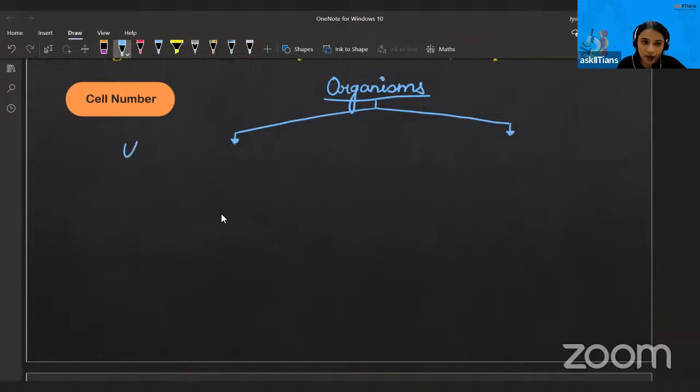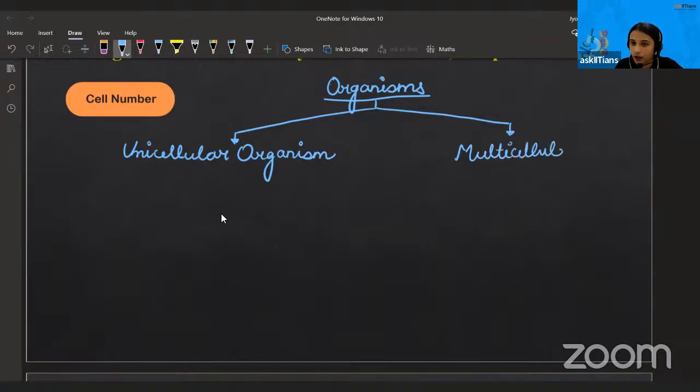One is your unicellular organism, another one is your multicellular organism.